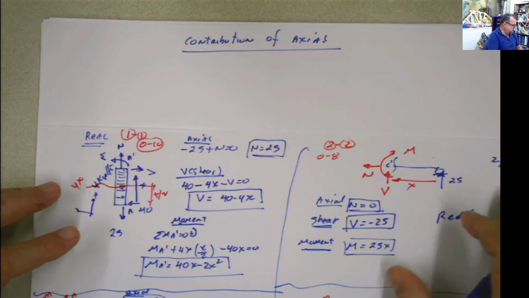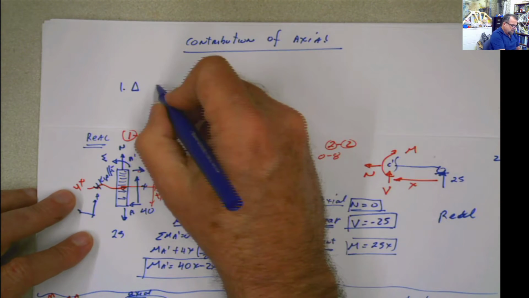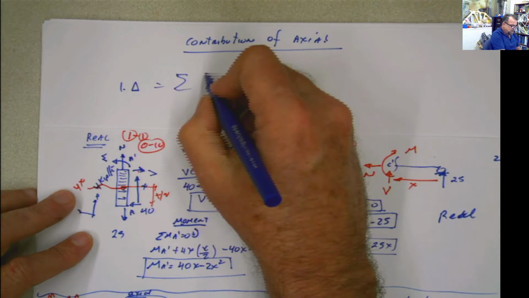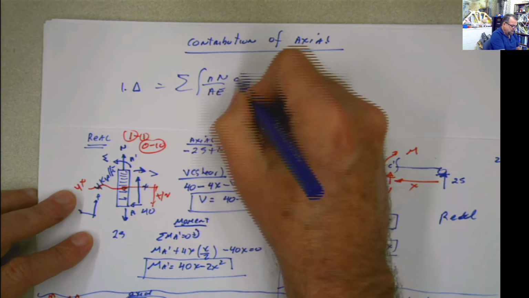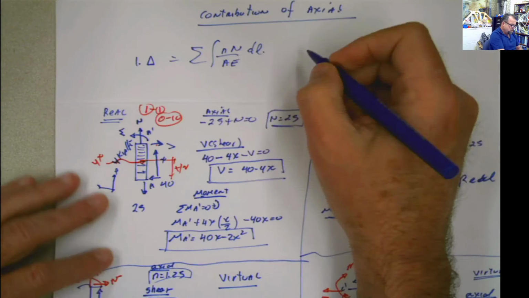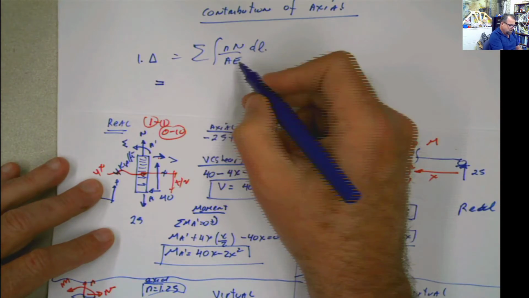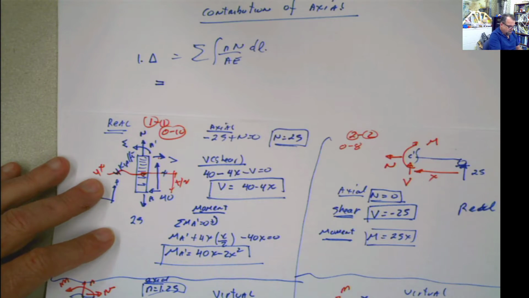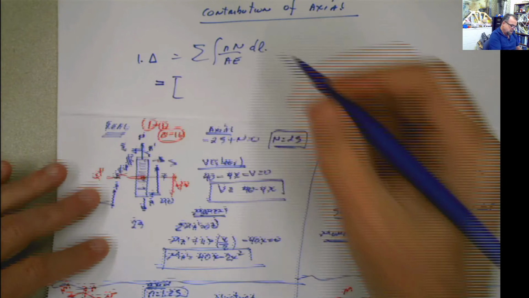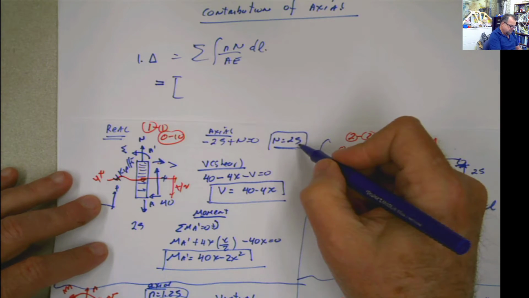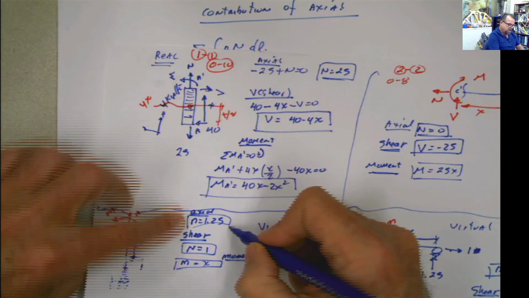It's the same thing. We just take the same 1 times delta due to the axial, and that's going to be the summation of the integrals of n over AE multiplied by the L. Once we start doing that, this is going to be equal. Area is constant, E is constant. You take it out of the summation, and then you start real, normal, 25, real, virtual, 1.25, normal.